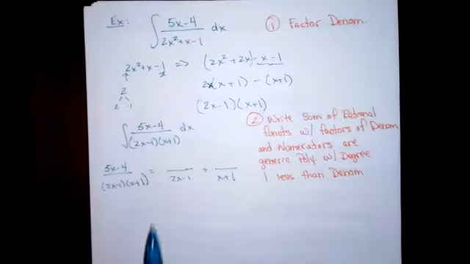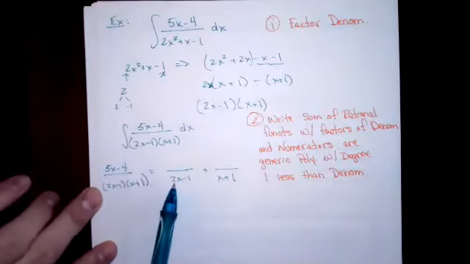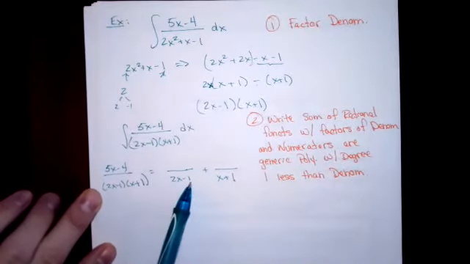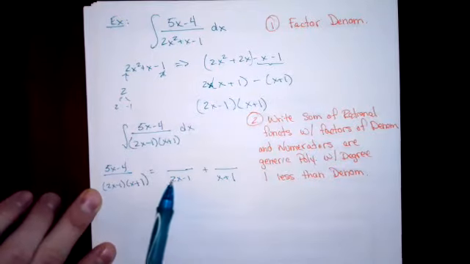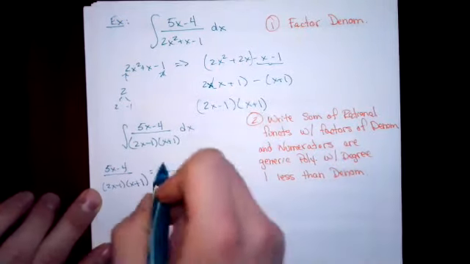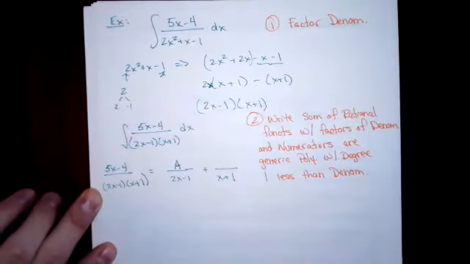Well, we write a generic polynomial with generic coefficients, and it'll be 1 less degree than the degree of the denominator. So in these two cases, we have a degree 1 polynomial, so that means the numerator just needs to be a degree 0 polynomial, which is just a constant.